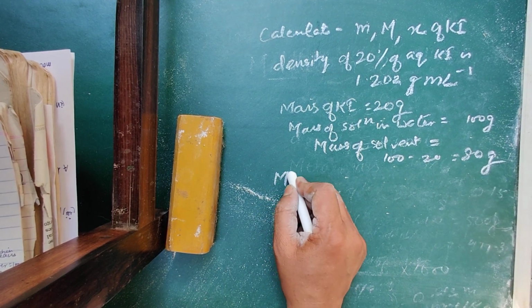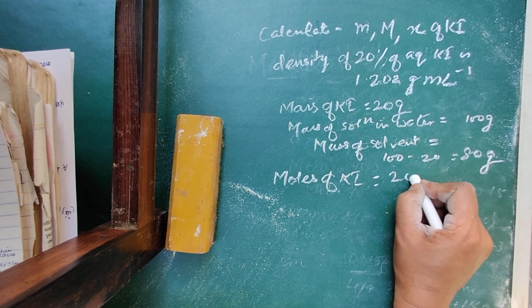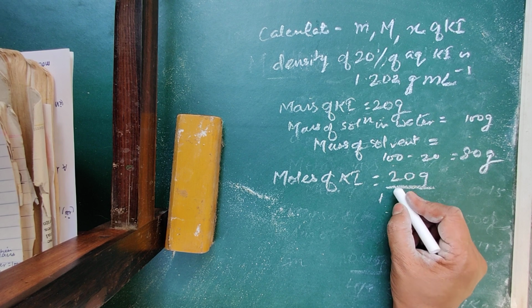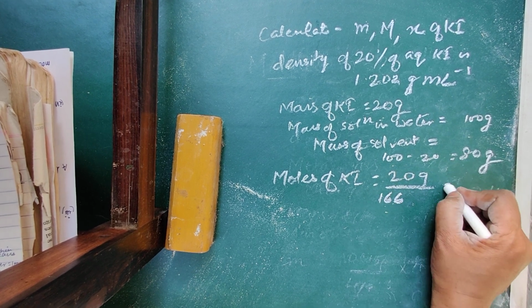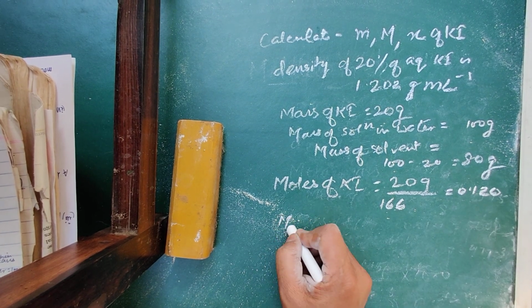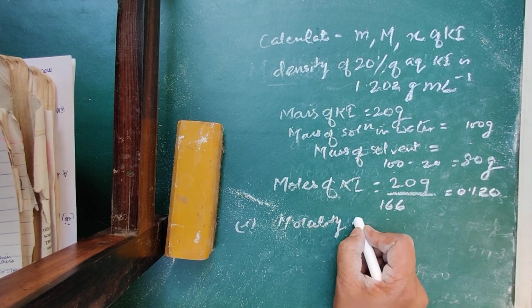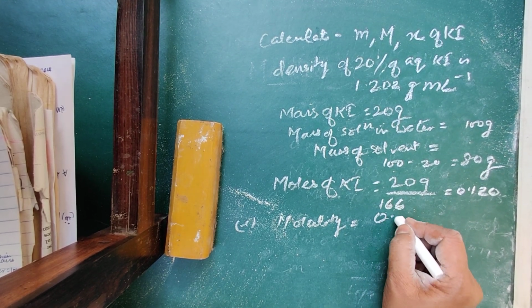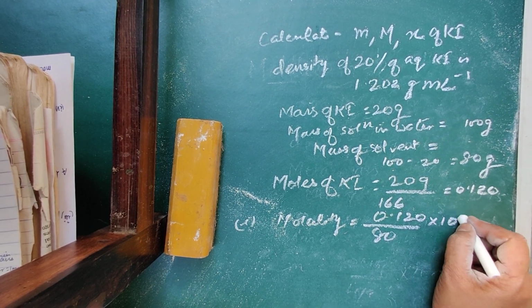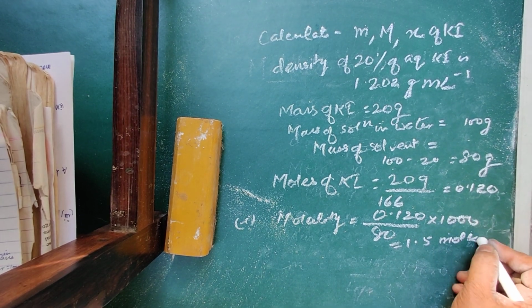So first you have to find out the moles of KI, that is 20 gram divided by KI molar mass, which is 166. It is equal to 0.120. So molality, first part, will be 0.120 upon 80 gram, the mass of solvent, into 1000, that is equal to 1.5 mole per kg.